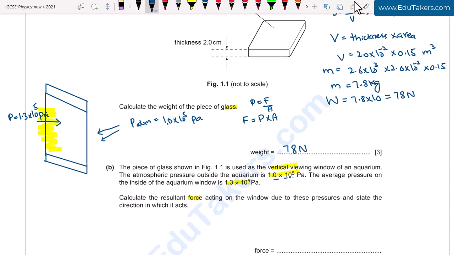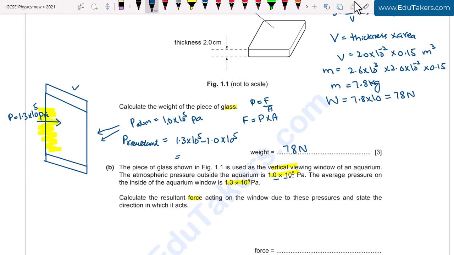In this figure you can see that both the pressure inside the aquarium and the atmospheric pressure are in opposite directions. That's why I can find the resultant pressure by subtracting them, and it comes to be 1.3 × 10^5 minus 1.0 × 10^5.